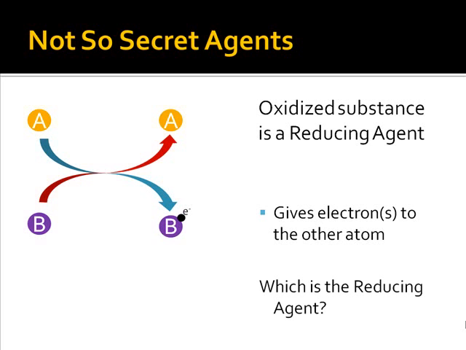So which substance here is the reducing agent? Is it A or is it B? Well, letter A is the reducing agent because it had that electron. It became oxidized. It gave its electron over here to B. B has become reduced. It caused the reduction in a sense, so therefore it is the reducing agent.